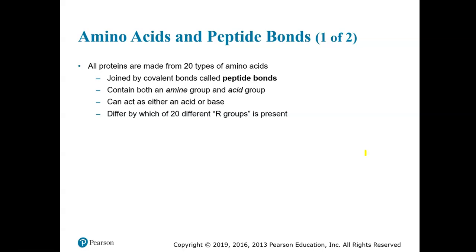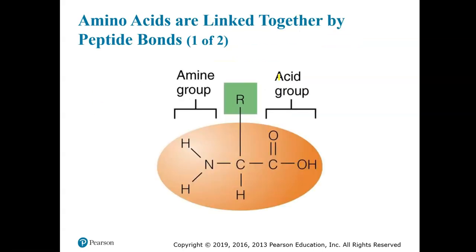Now, amino acids are the monomers or building blocks of proteins. There are 20 types of amino acids. And the amino acids are joined together to form the protein by a bond called a peptide bond. So what they're called when they're linked together in a chain is a polypeptide. Now, an amino acid looks like this.